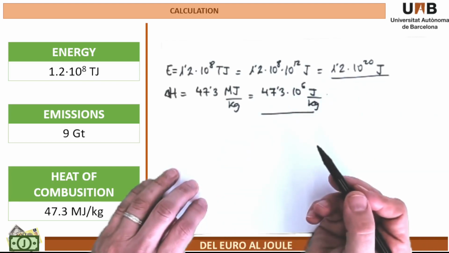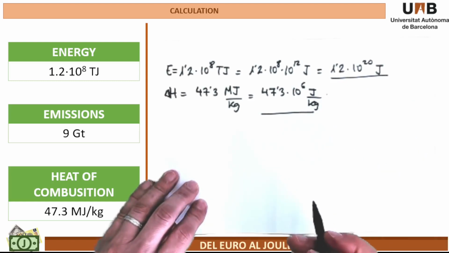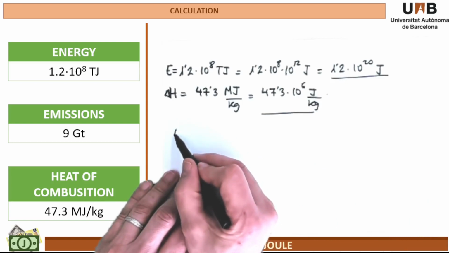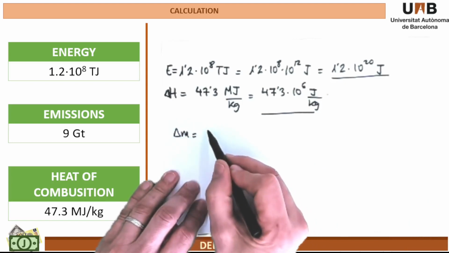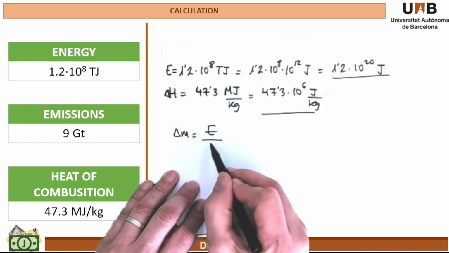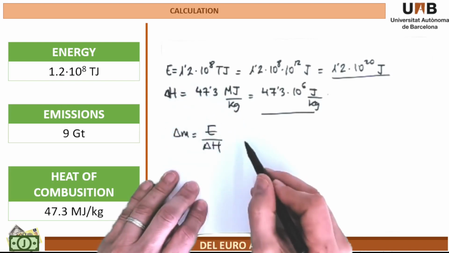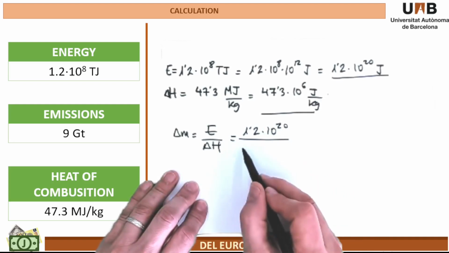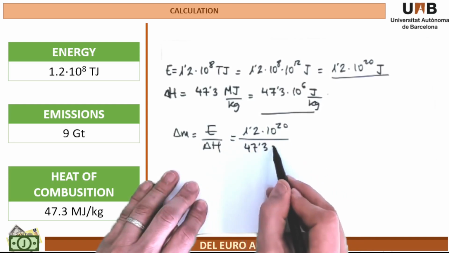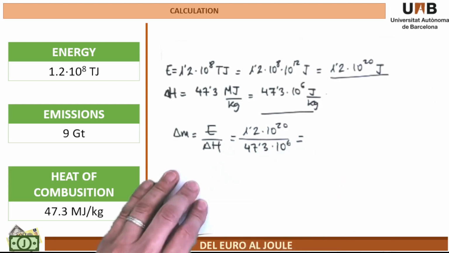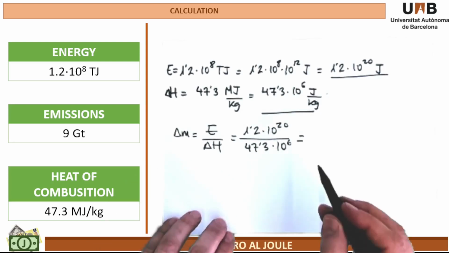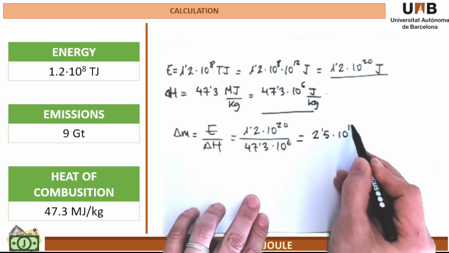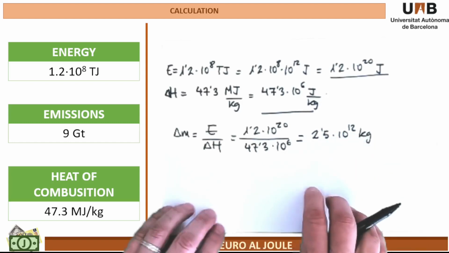So if we divide one by the other, the amount of mass of gasoline that I need is the energy divided by this value, and this gives me 2.5 10 to the 12 kilograms.